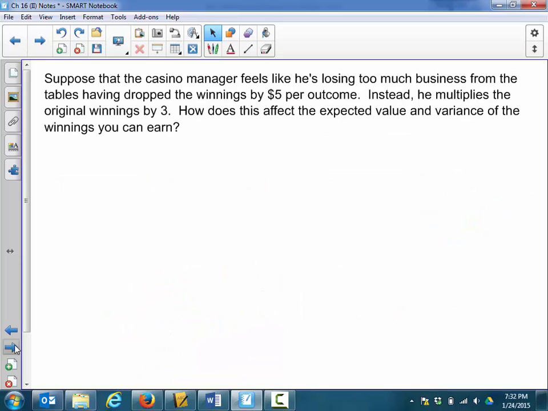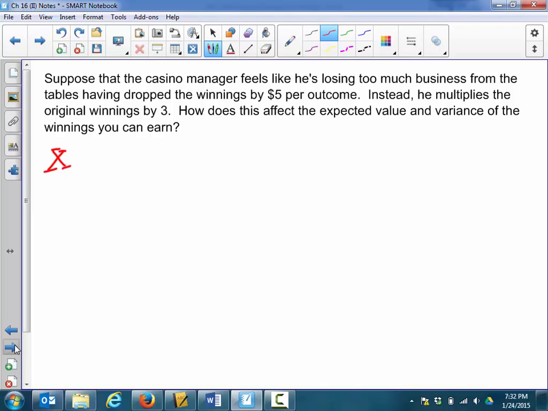What we're going to do next slide, as you can read through, the casino manager feels like subtracting 5 for the win outcomes was too much, and he's got too few people playing. So he takes the original values of 10, 20, and 30 and scales them, or multiplies them, by 3 here. So we want to calculate the expected value and the variance of the winnings you can earn.